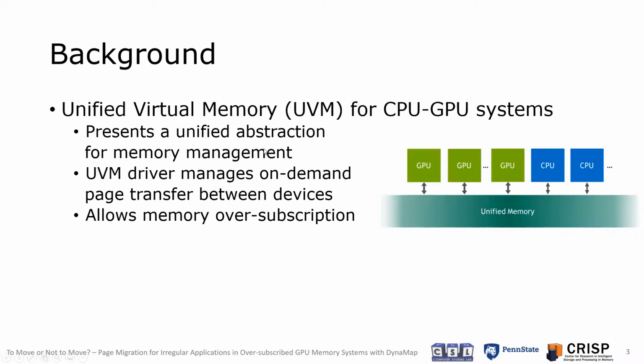It can provide a unified memory space via on-demand paging. That is, if one of the devices requests a page which does not reside in its own memory, a page fault will be generated and the UVM driver will handle page migration and eviction for the device automatically.